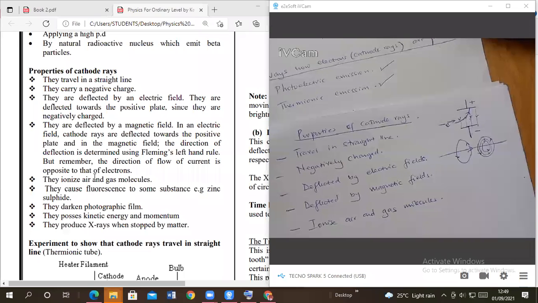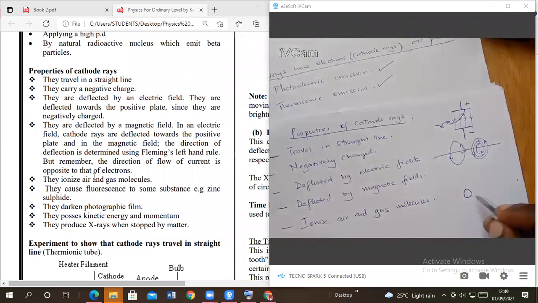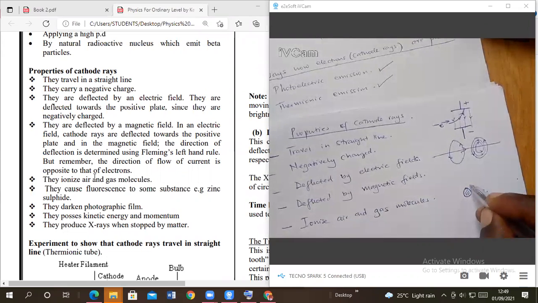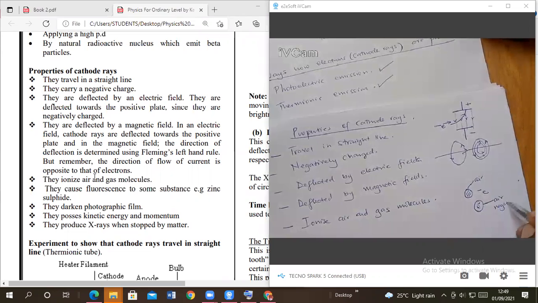No, you have not understood. Now, if we have air particles, and there's an electron, once this electron joins the air particle, it means this air particle is now negatively charged. That's what we call ionizing.